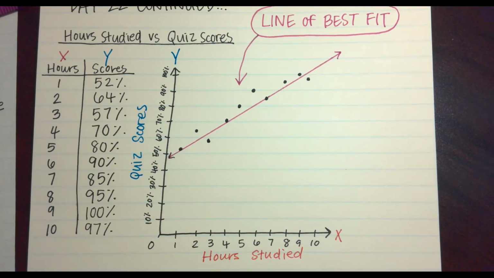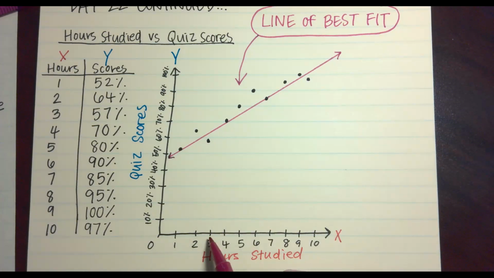So for example, using the line of best fit that you all drew and that I drew, can somebody give me a rough estimate? You might get slightly different answers from each other. How well is somebody going to score, maybe, if they study for 3.5 hours? About what score do you think they'll get?